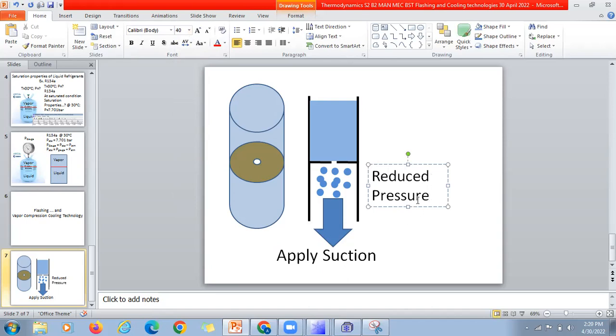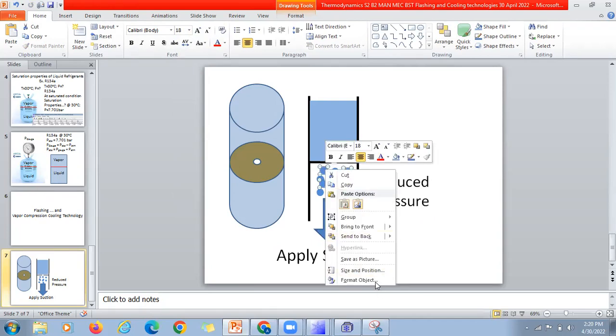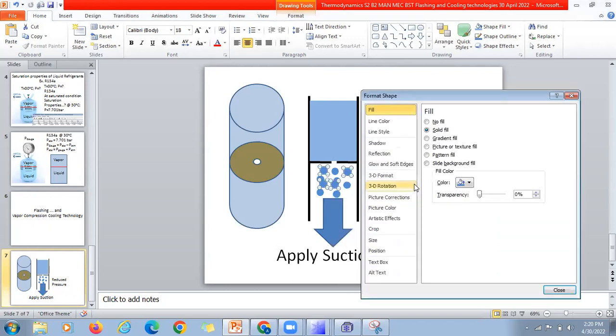Significantly reduced pressure. As a result, liquid comes, and not only the liquid, there can even be some gaseous molecules also coming.